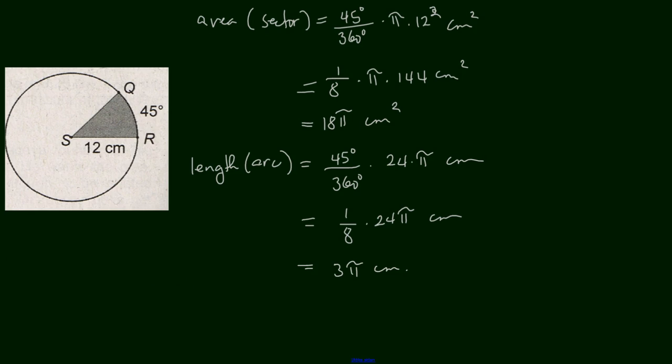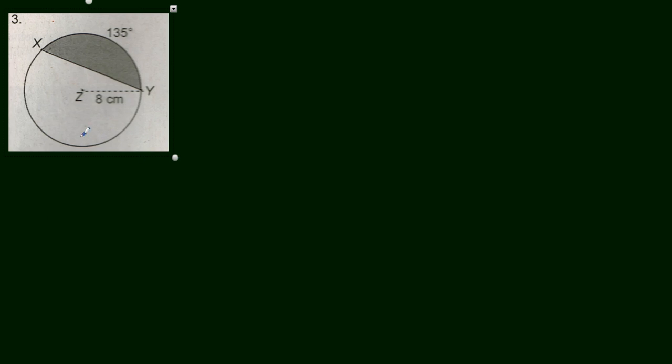Let's complicate it a little bit. This is the third example. As you can see now, like what I said before, the area of the segment is really equal to the area of the circle sector minus the area of the triangle.